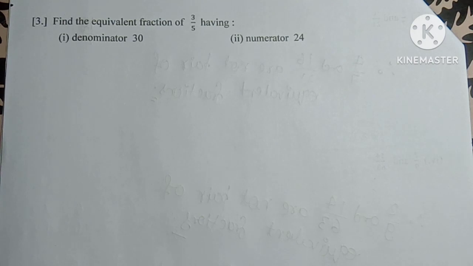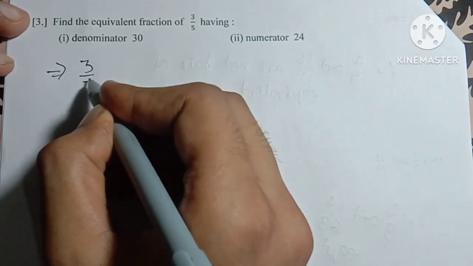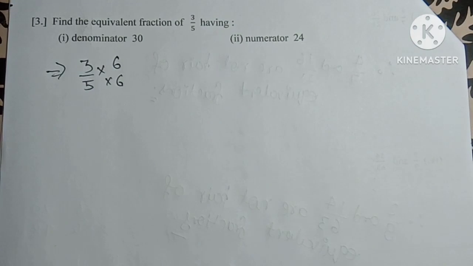So we have got the idea that to get an equivalent fraction whose denominator is 30, we have to multiply this fraction 3 by 5 by 6. Why? Because in the table of 5, 6 times 5 will yield what? 30.